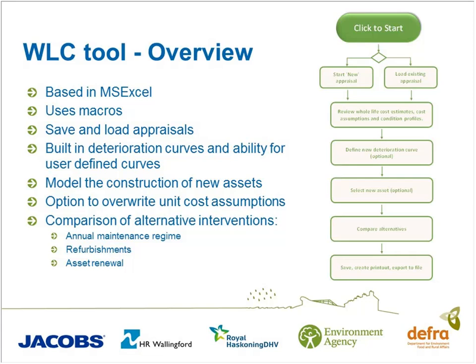We can select a new asset if that's something we wanted to do and define that asset. Then we have the ability to compare a whole range of alternative types of investment in terms of when and how we make those interventions to maintain the asset, and then we can save the information and create a printout and get annual forecasts of what we think the costs and the condition are going to be from the tool. So the tool is designed to support decisions and not make those decisions for you.